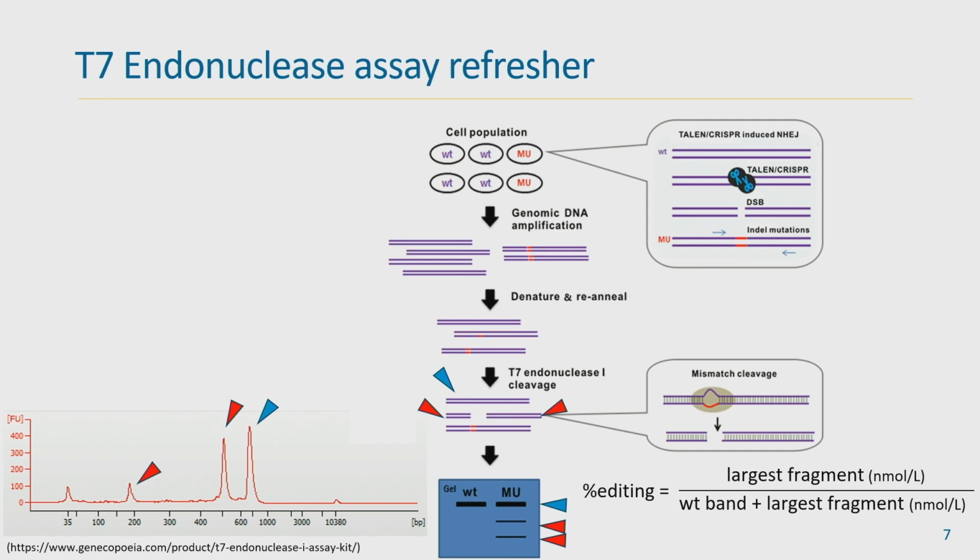If you denature and then re-anneal, you'll get some DNA species with a mismatch, which the T7 endonuclease can detect and cut at. If you run these out on a gel, you'll get 3 bands when there's been cutting. You could also run it through a bioanalyzer, where you can measure the intensity of those bands. We calculate percent editing as the molarity of the largest fragment divided by the sum of the wild-type band and the largest fragment.